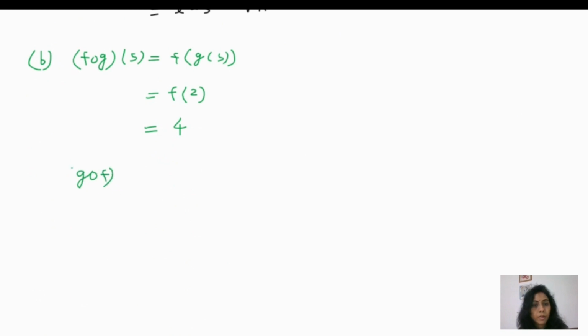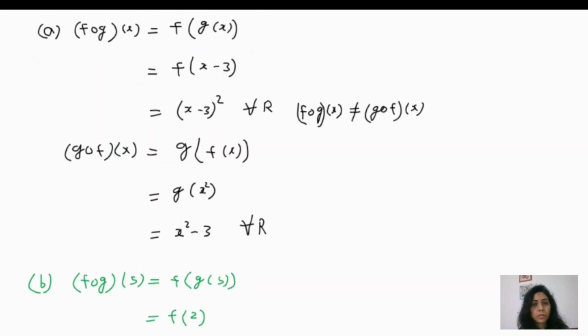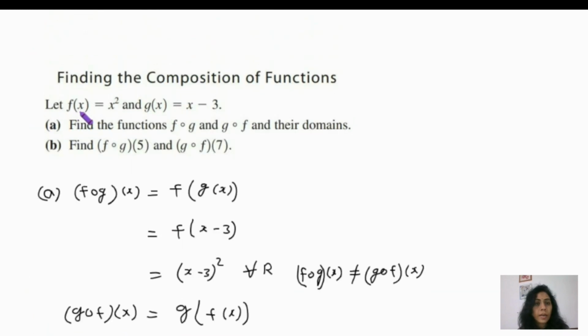(g o f)(7), so g(f(7)). What is f(7)? 7 square, and 7 square is 49.